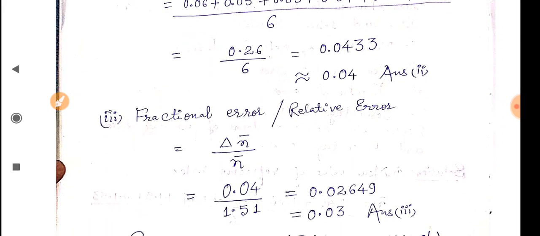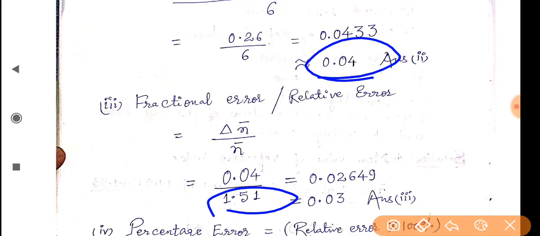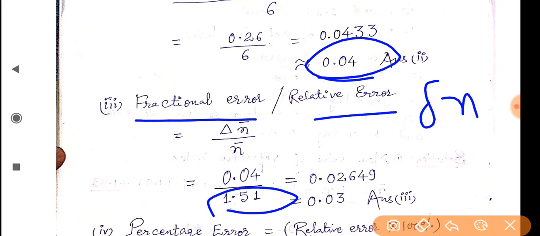Now fractional error. What is the true value, dear students? The true value was 1.51. This is the mean value. So what is the final absolute error? The mean absolute error was 0.04. So the fractional error or relative error δn is given by Δn̄ divided by n̄.